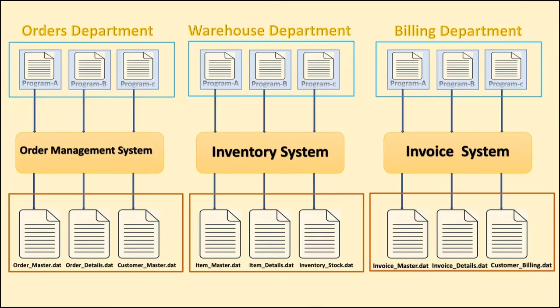And like we have seen in the previous case study, a lot of data dependency will be there. Program data dependency is very high. If there are any changes in the file, you need to change the logic of the program also, right? Lot of serious problems will come. Data duplication is there.